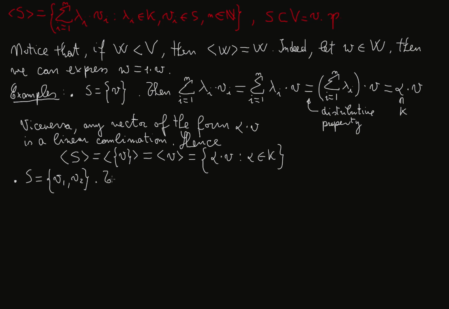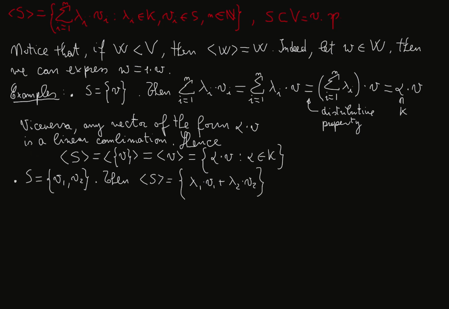Then, by definition, we have that the vector space S as a set is going to be lambda 1 times v1 plus lambda 2 times v2.